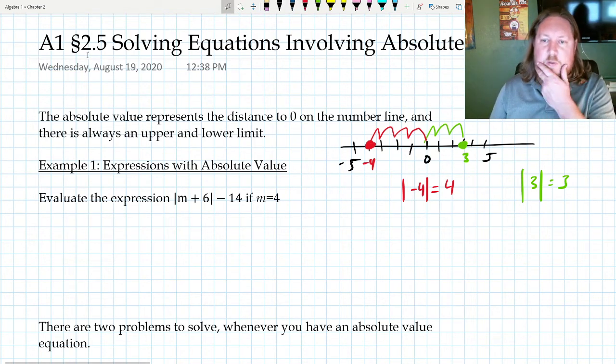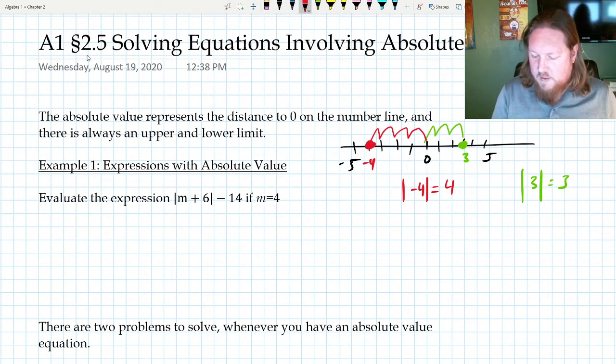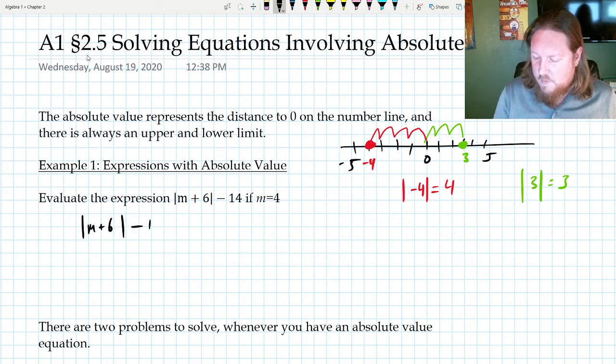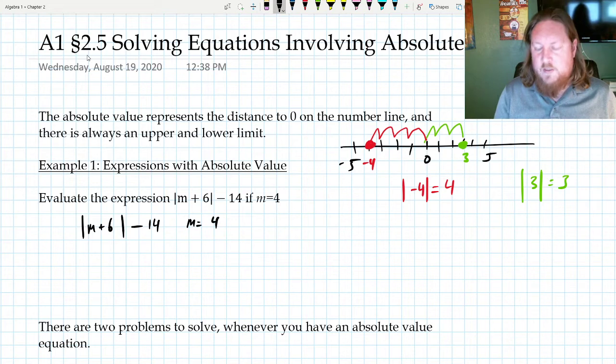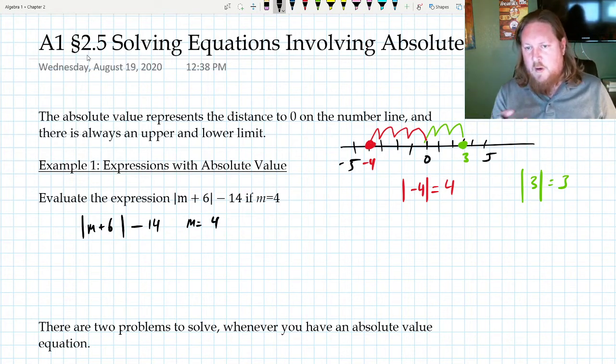For the first example here, we're going to evaluate an expression using the absolute value. So you can see I've got the absolute value of m plus 6, and whatever that absolute value is, minus 14, and we want to let m equal 4. Now a quick note: you can see I spaced the 6 and the absolute value bar apart.